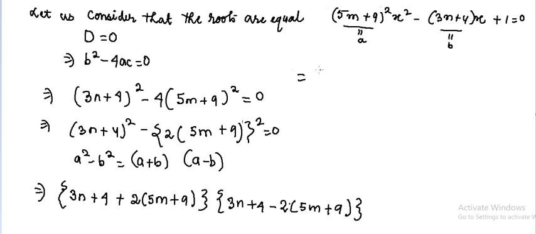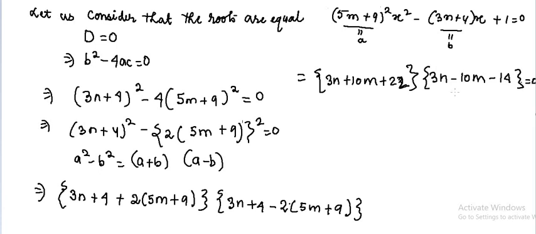If you simplify this, you are going to get (10m plus 3n plus 22) into (3n minus 10m minus 14) is equal to 0.